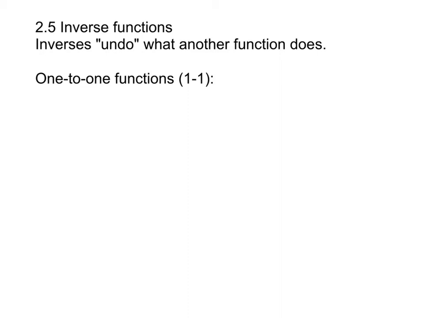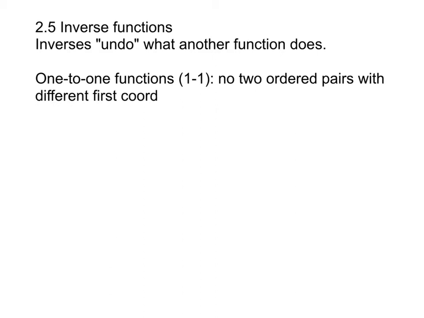When we talk about a one-to-one function, what we mean is that no two ordered pairs with different first coordinates have the same second coordinate.